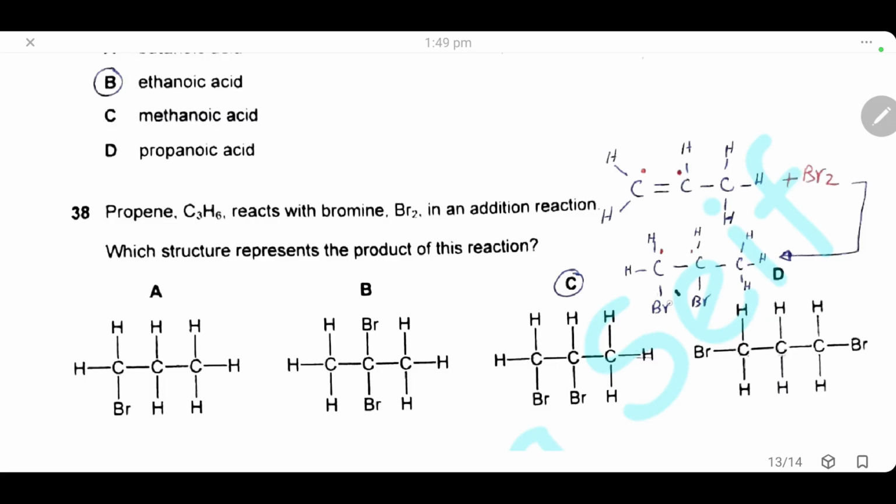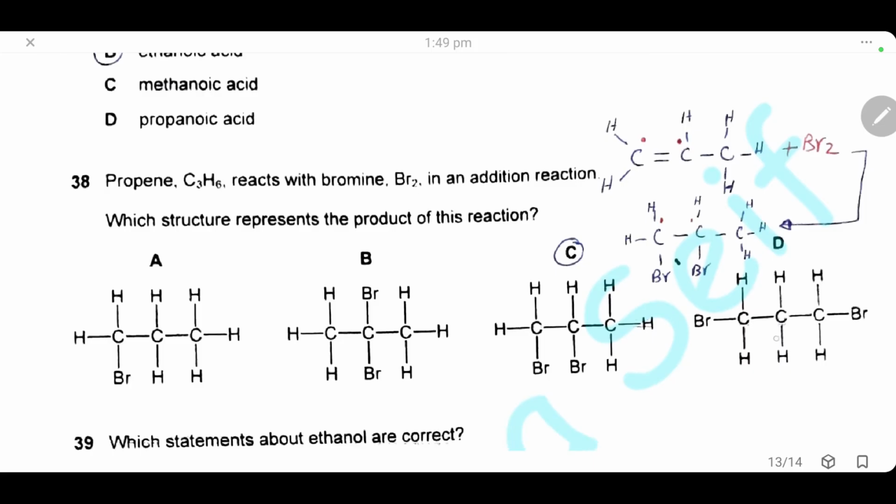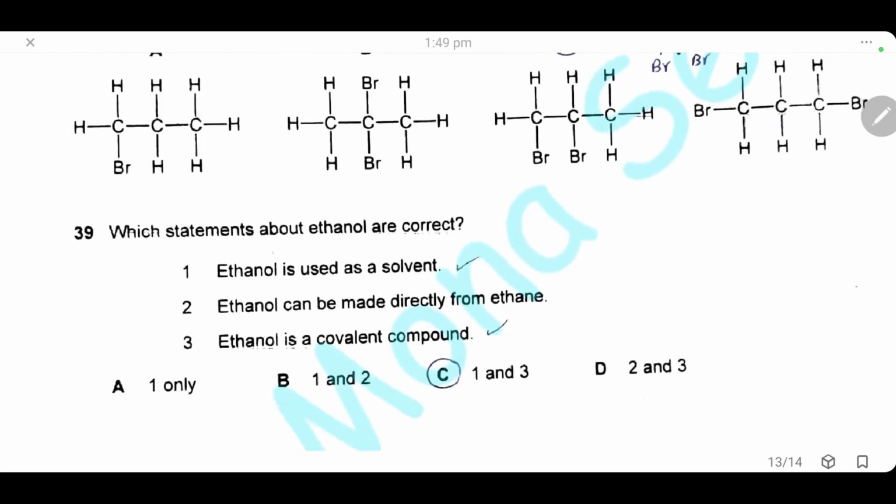So bromine atoms should be added on the 2 adjacent carbons that already had the double bond, and it is shown here by the red dots. So the correct structure will be as shown here, and the answer will be C. D is wrong because bromine is not added on adjacent carbons, and B is wrong because bromine is added on the same carbon. A is wrong because we only have 1 bromine atom, so the only correct answer is C.